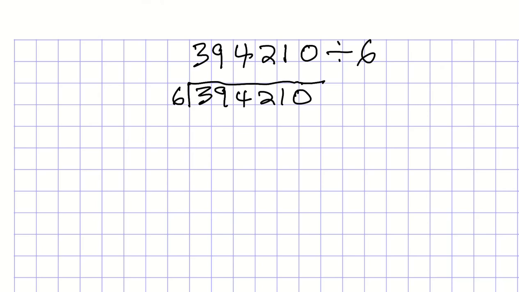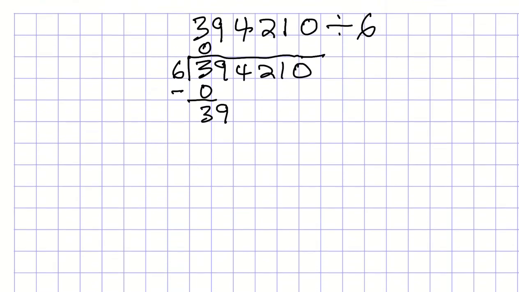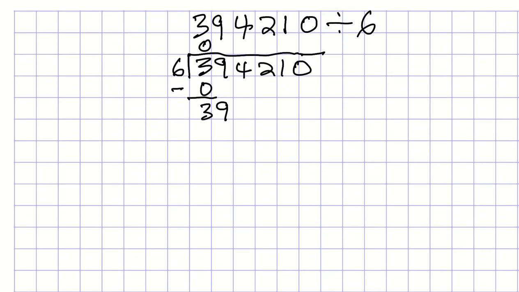Now, 3 divided by 6, it won't go. We'll say 0. 0 times 6 is 0. We'll subtract. 3 subtract 0, you get 3, and then you bring down 9. And now you're going to repeat the process. We know 6 will go into 36, and it's going to be 6 like we did before.